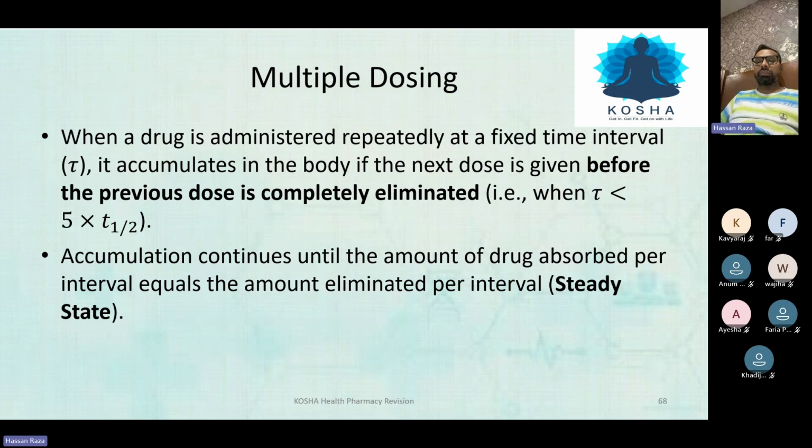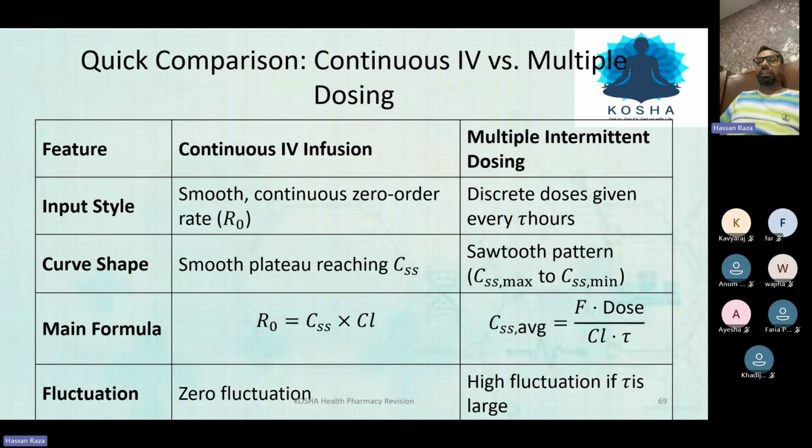So sometimes we administer patients multiple doses. Obviously, if you are giving a patient an oral drug, we give it 2 times daily or 3 times daily, and so on. But sometimes we give an IV infusion as well.